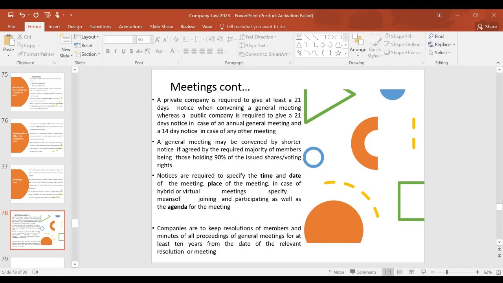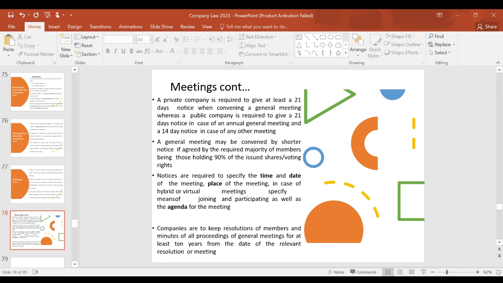It can be in addition to the annual general meeting, which is compulsory by law. A company is not precluded from holding several other meetings, but at least they must hold one meeting a year, which is the annual general meeting where all members are invited to that particular meeting.